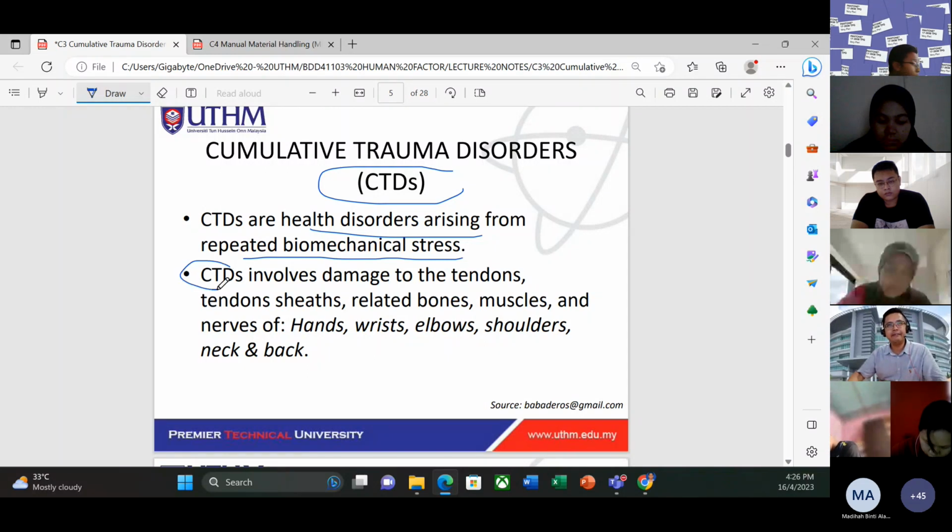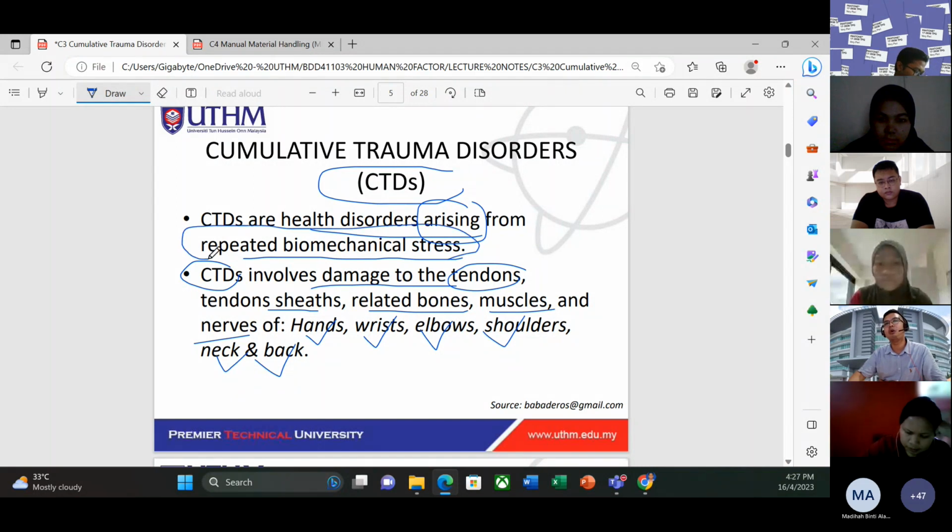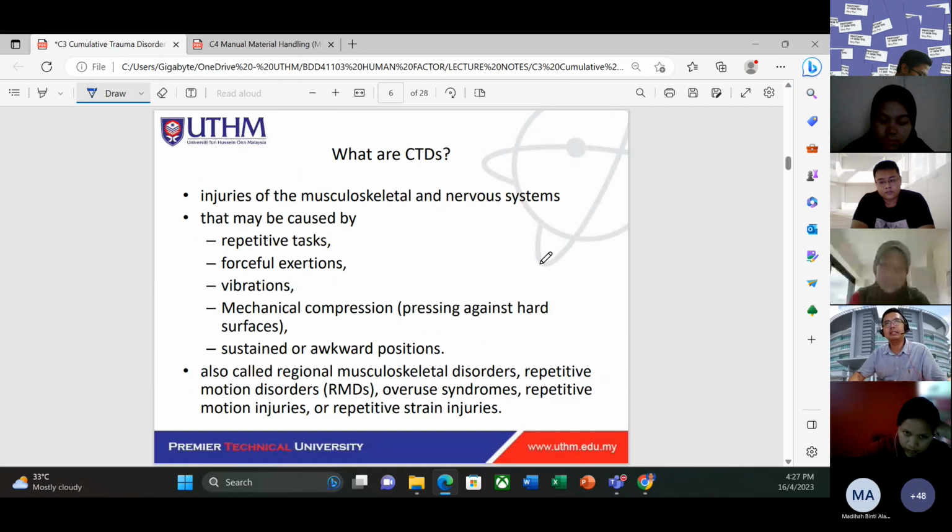And CTD involves damage to tendon sheath, related bone, muscle, nerve, for example in the hand, wrist, elbow, shoulder, neck, and also the back. So this arises from repeated biomechanical stress, or ergonomic risk factors, or physical risk factors related to the workplace.